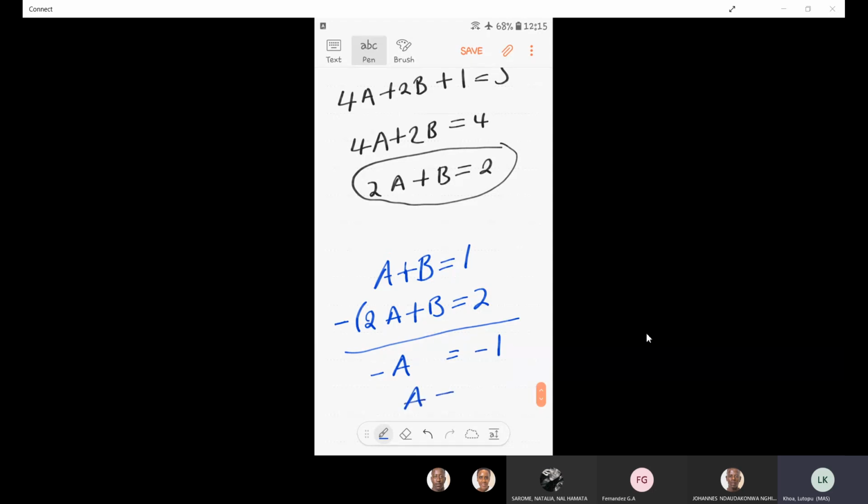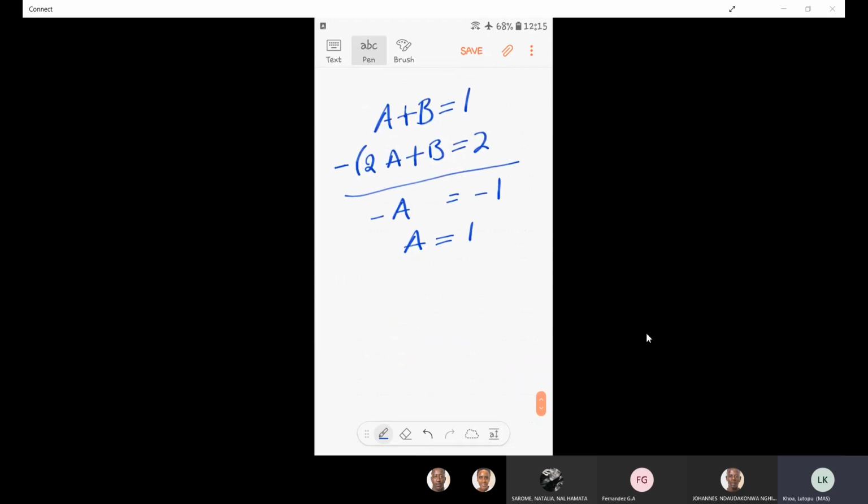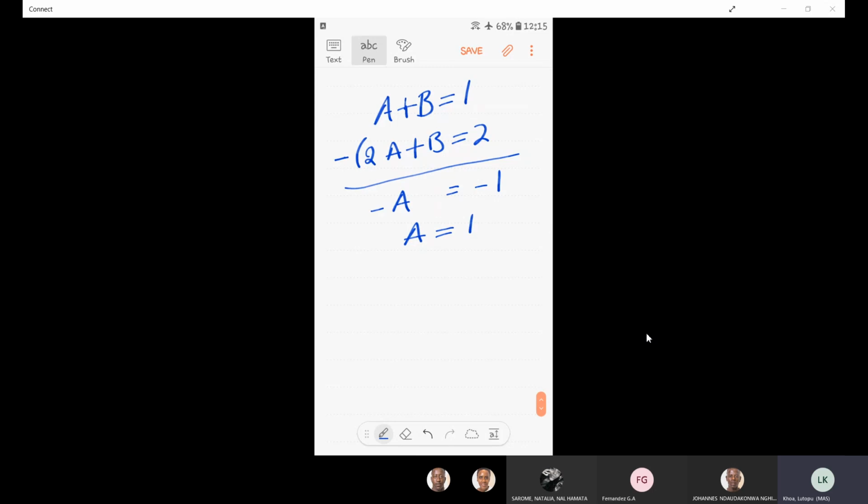This means that A is equal to 1. And then if I were to multiply out or even just substitute, I will get B is equal to 0. You can work it out. So I have the value of A over here. Then when I substitute it in this equation, I get B is equal to 0. So now I know what my coefficients A, B, and C are.